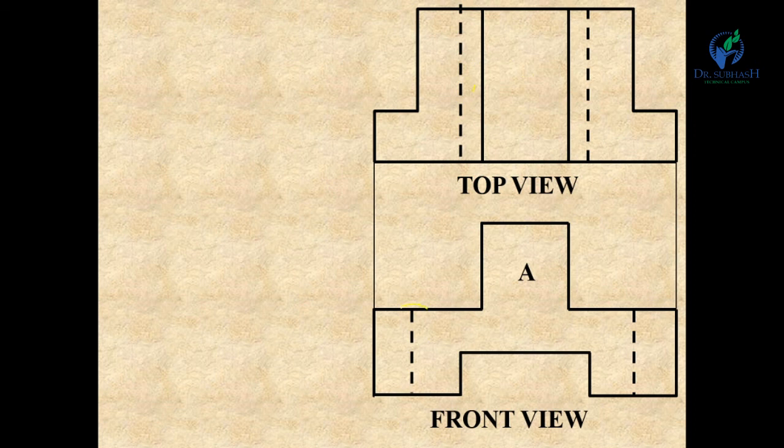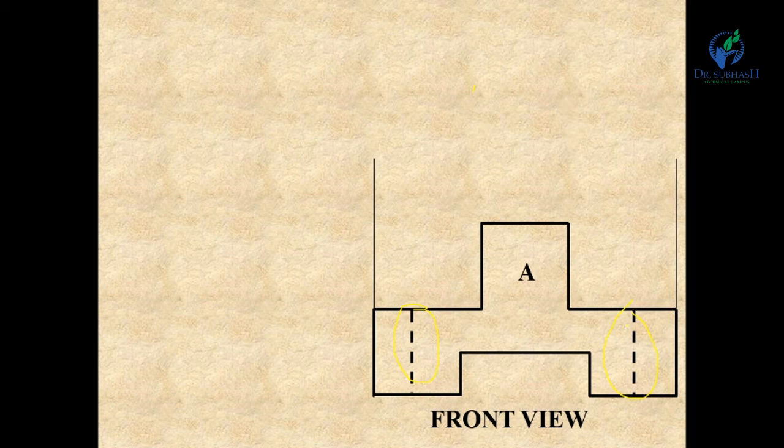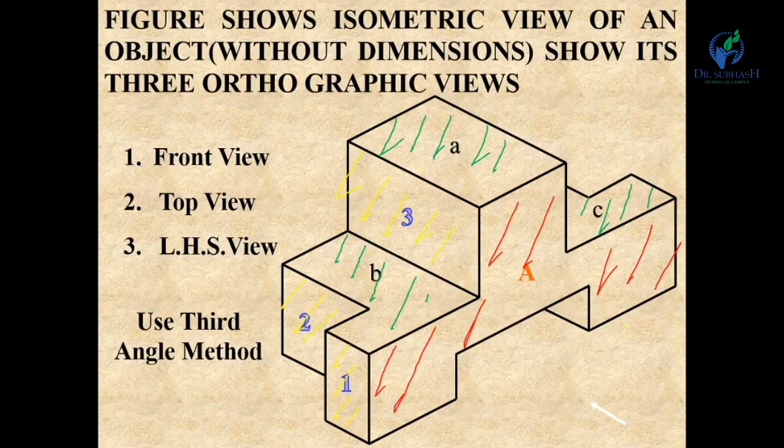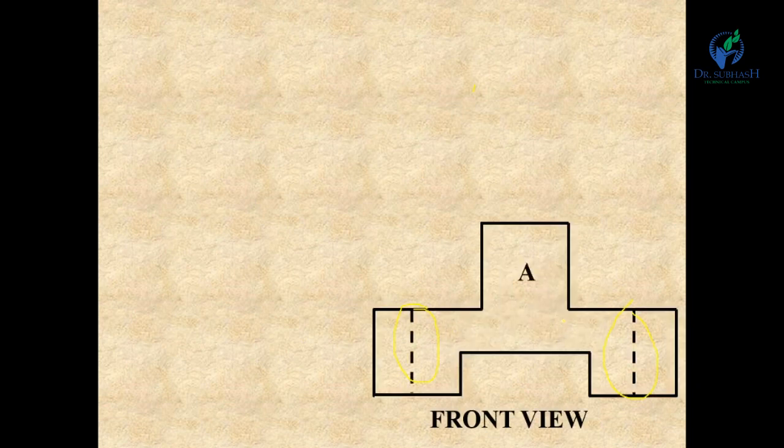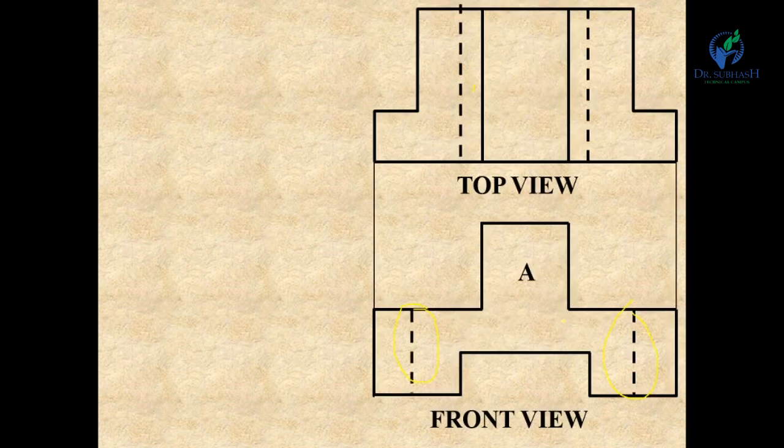These two dash lines show the hidden part. This portion you can't see in the top view, so it is shown by a dash line. This is portion A, B and C.